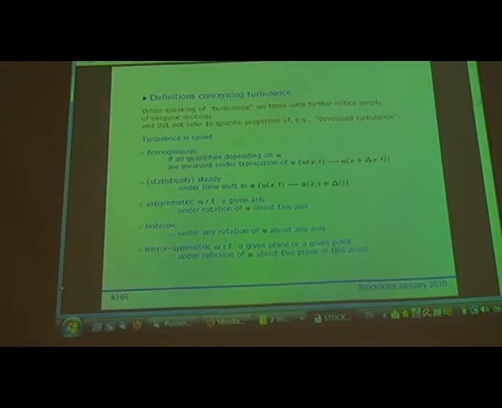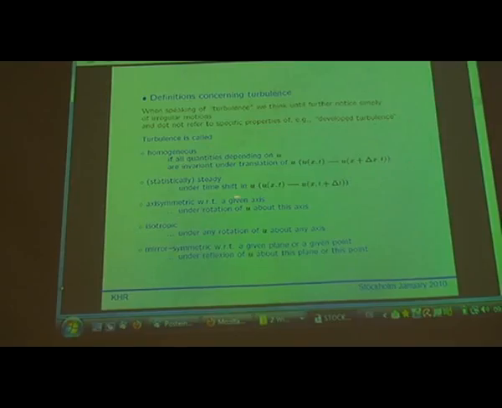We call a turbulence homogeneous if all quantities which depend on u are invariant under the translation u of x and t goes to u of x plus delta x with t. That is the definition of homogeneity. You have to consider all possible mean quantities which depend on u, and they must have this property.